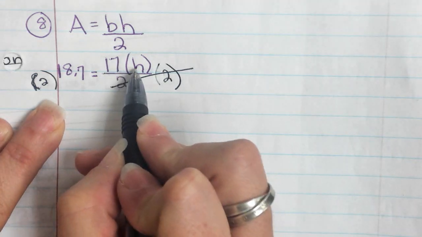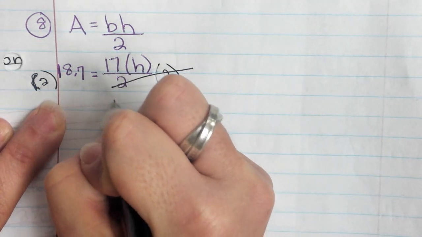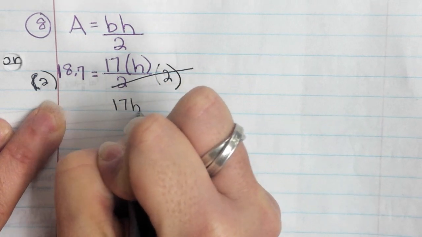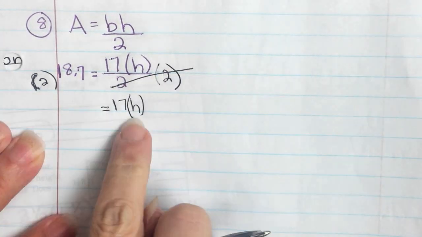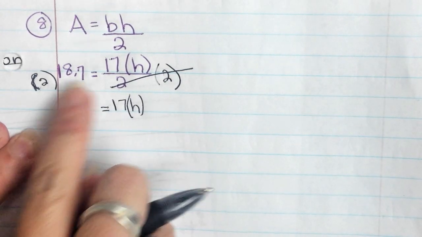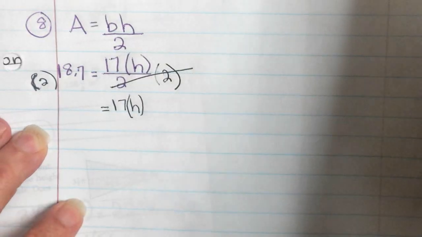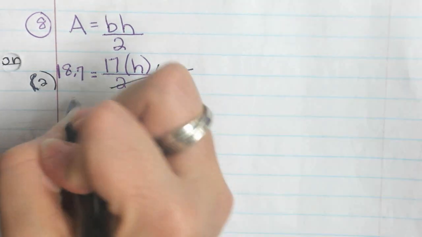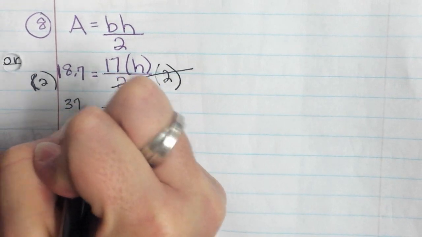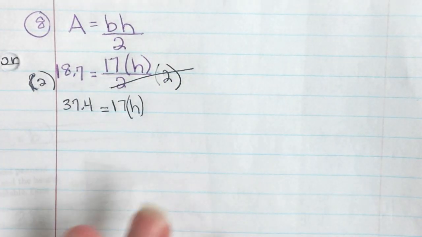And I'm just going to bring down this 17h because that is what is left on that side. 17 times h. My new number is created over here. 2 times 18.7. And it looks like I got 37.4. Good.